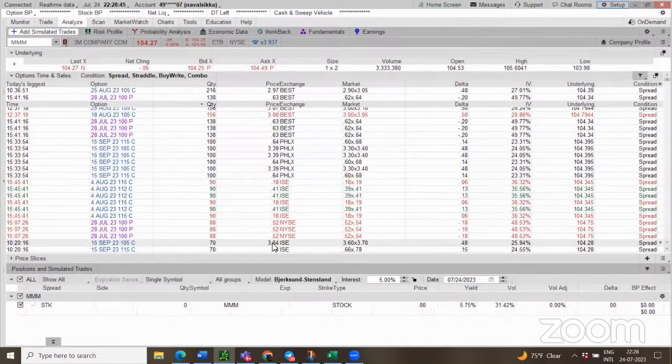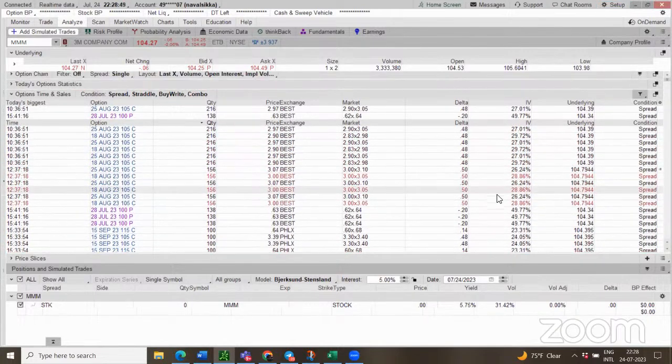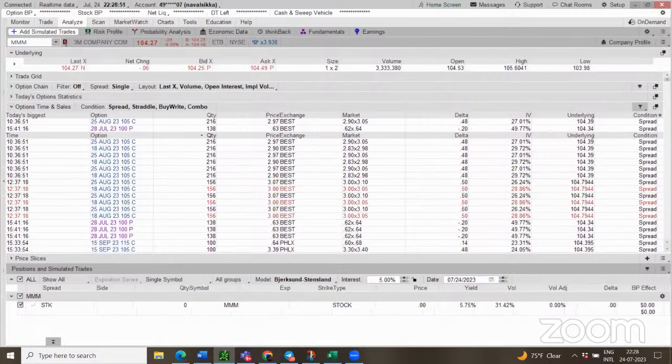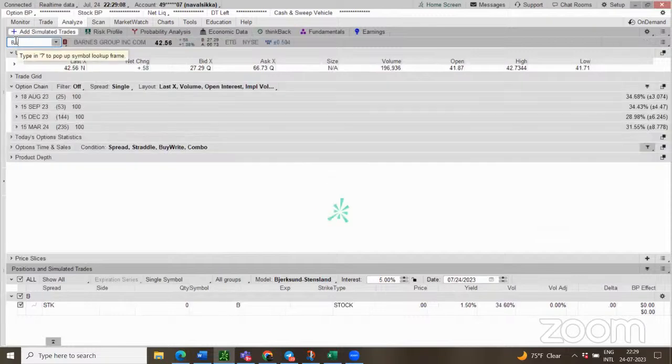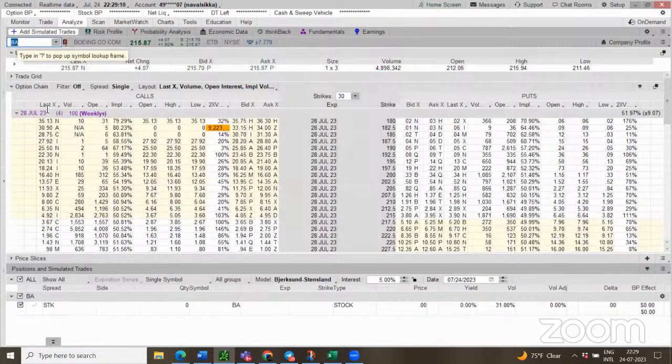So before I start, I want to share one thing. People who do not have any option flow service, you can use Think or Swim to figure out any trade you want to see. For example, let's talk about BA, because I posted the option flow on BA.